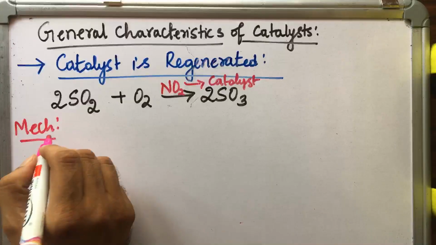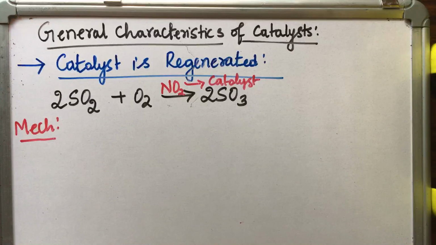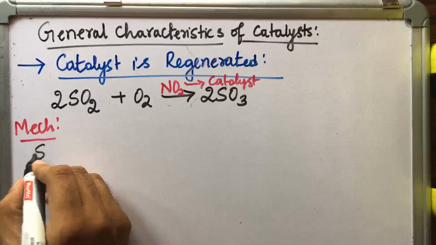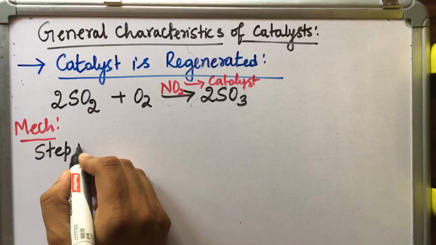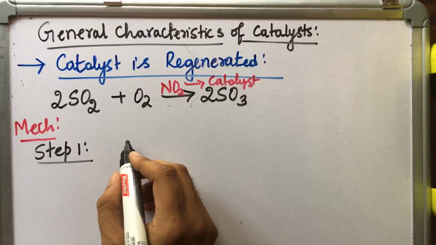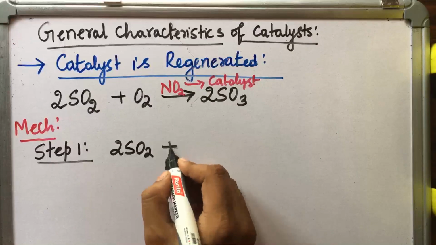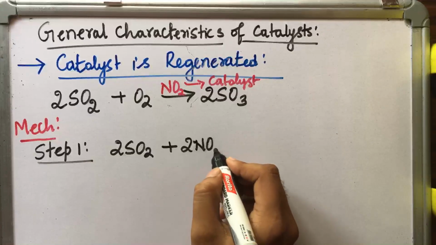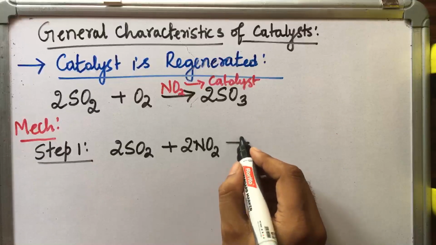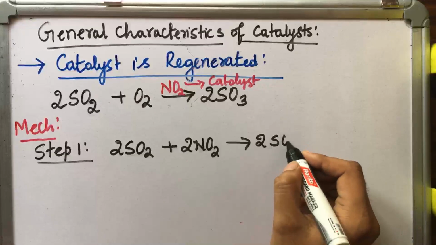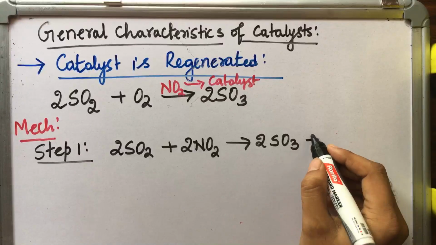Mechanism. Let me explain to you the mechanism of the reaction. Now, the reaction happens in 2 steps. In step number 1, sulfur dioxide, 2SO2 gas, would combine with 2NO2 gas, so as to form 2SO3 gas plus 2NO.